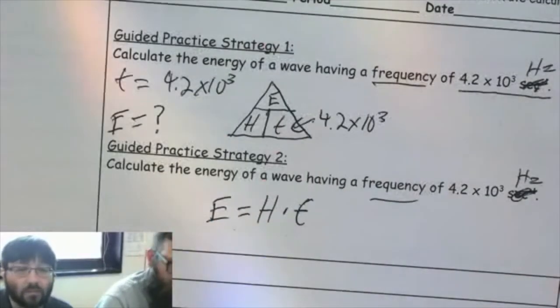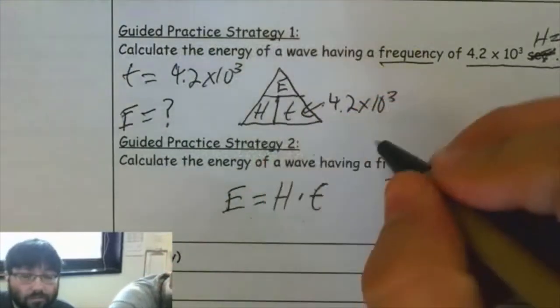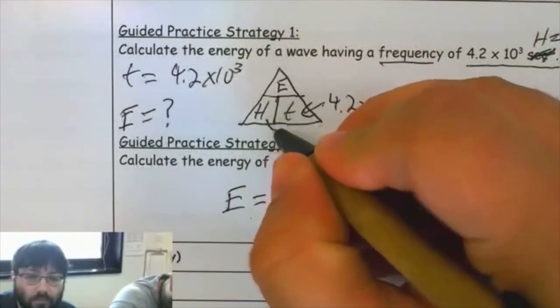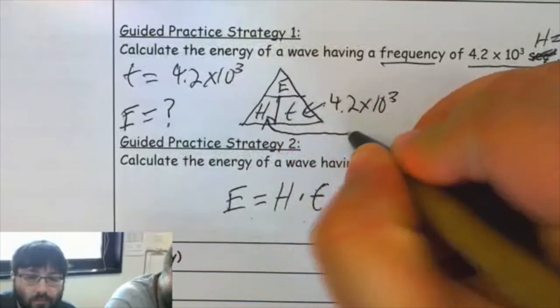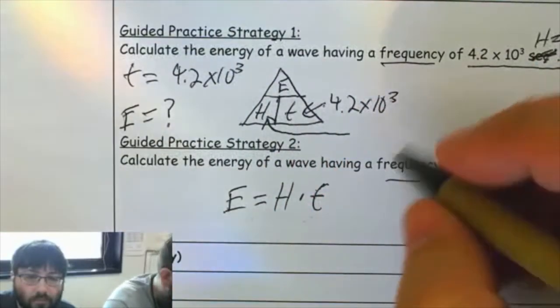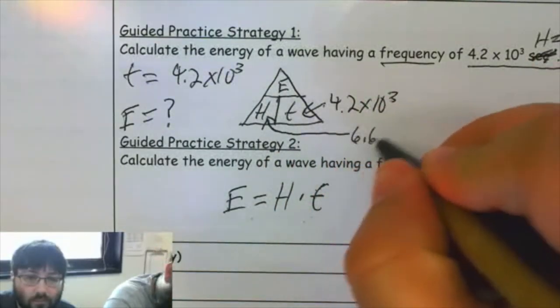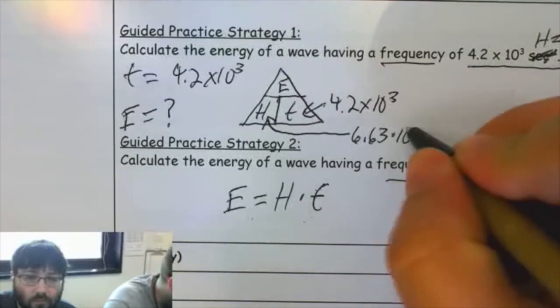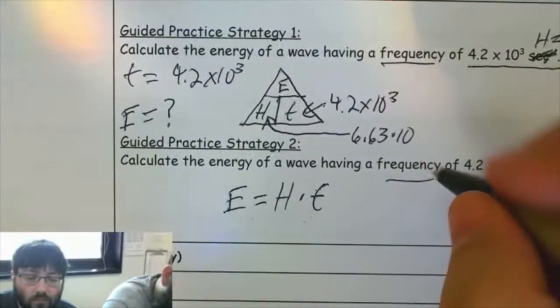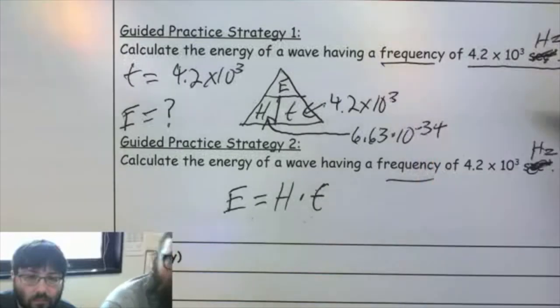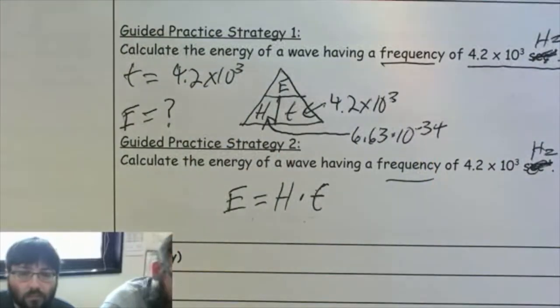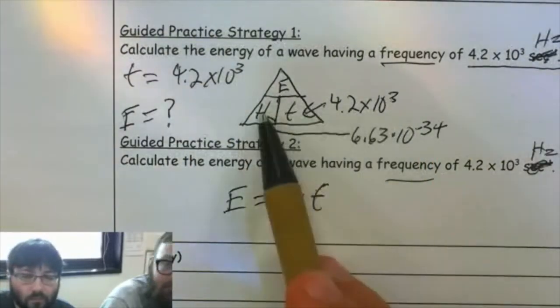That's a very small number. That's what's going to go in this spot right here. So we're just going to end up multiplying these two numbers because they're next to each other here in this triangle.